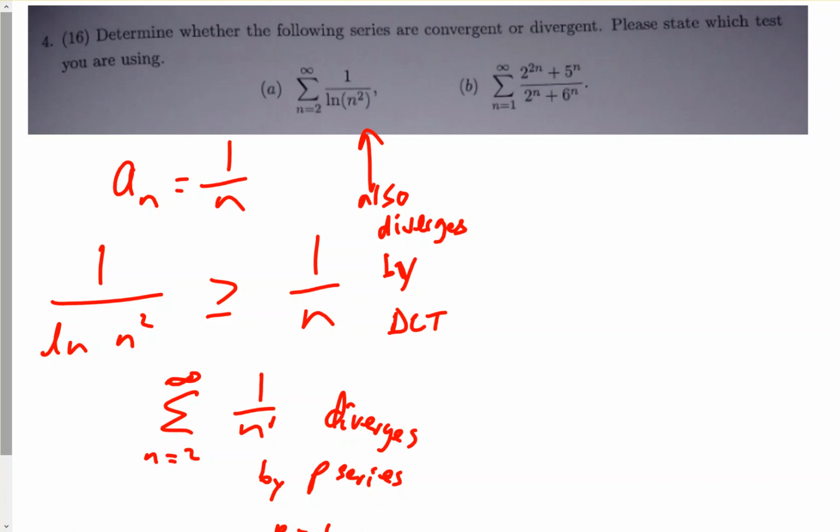Okay, let's take a look at 4b. When we look at the series, we could do a limit comparison test here. Our limit comparison for Bn would be 5 to the n over 6 to the n. Okay, so we'll take the limit.